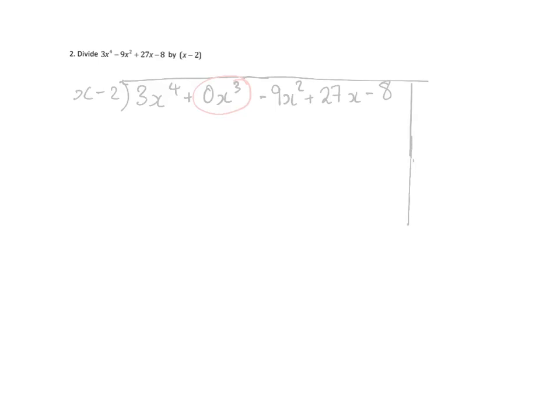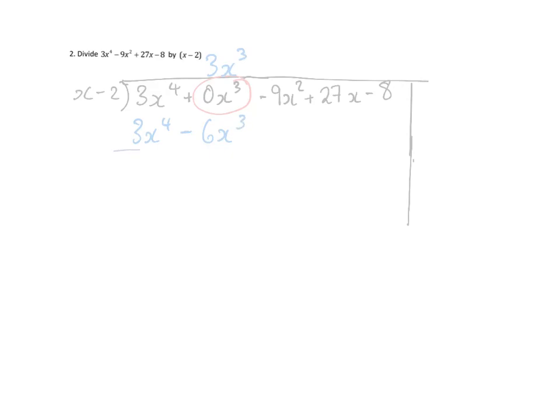So let's try it. So let's start off. We ask ourselves, how many times is x going into 3x to the power of 4? Or what do I need to multiply x by to get 3x to the power of 4? Well, I've got to multiply it by 3x to the power of 3. All right, so that gives me, when I multiply it back out, 3x to the power of 4. 3x cubed times x is 3x to the power of 4. 3x cubed times minus 2 is minus 6x cubed.